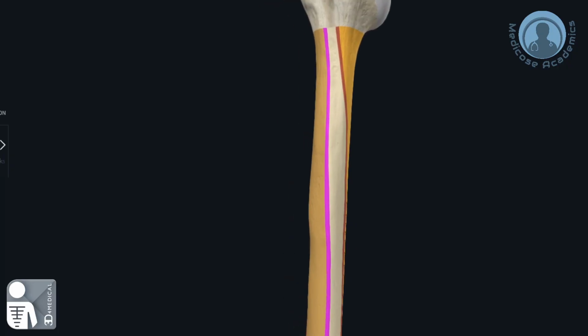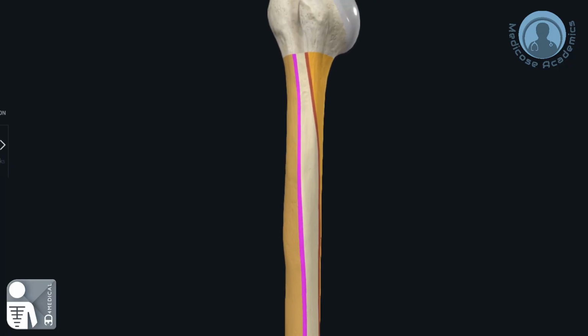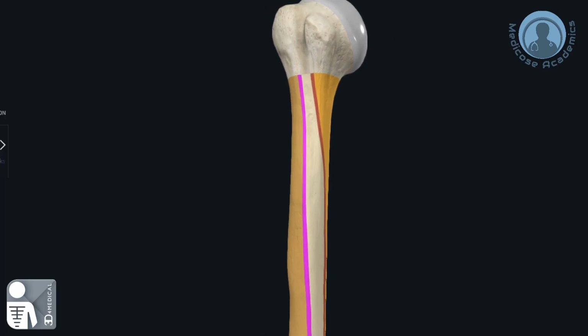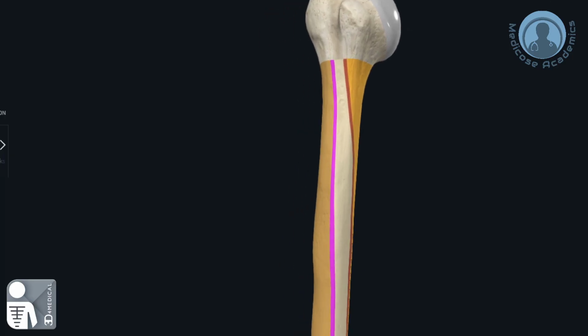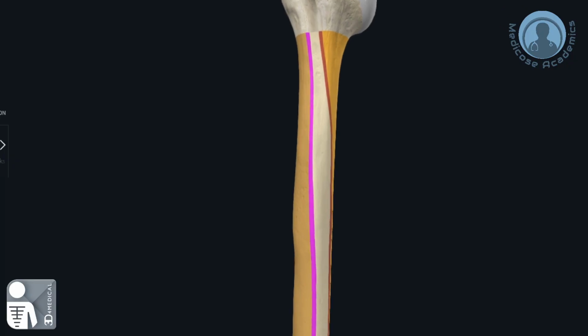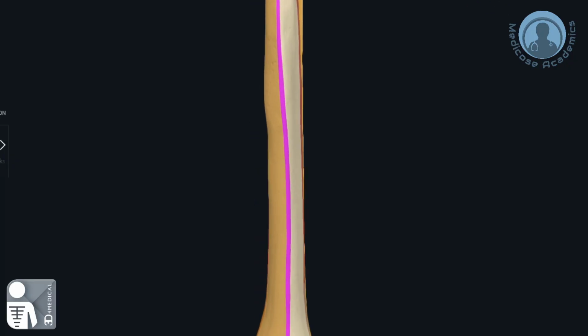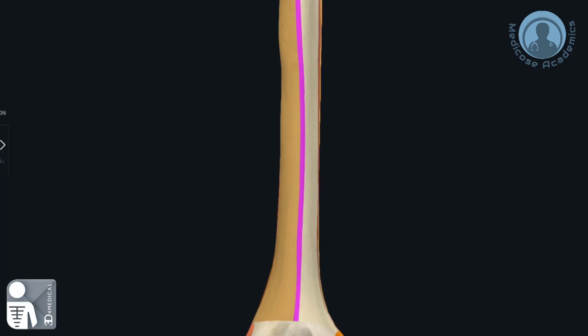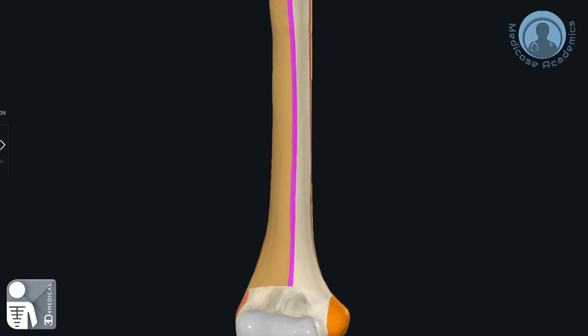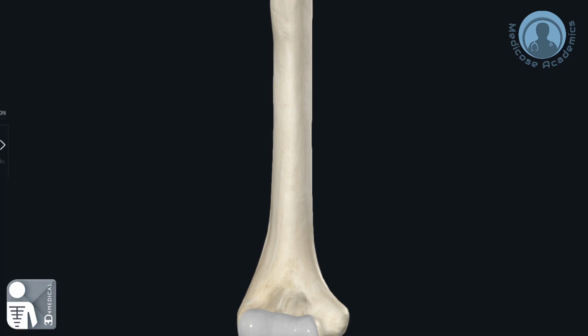It starts at the continuation of the crest of the greater tubercle, or the lateral lip of the bicipital groove, and it comes down to the anterior surface. On the anterior aspect it is not very prominent, it's just a rounded prominence in the middle of the anterior aspect.